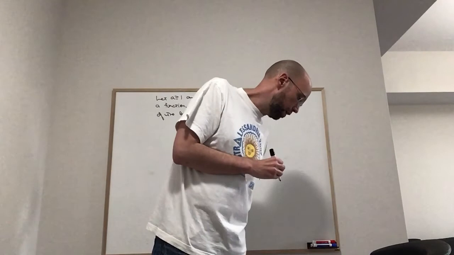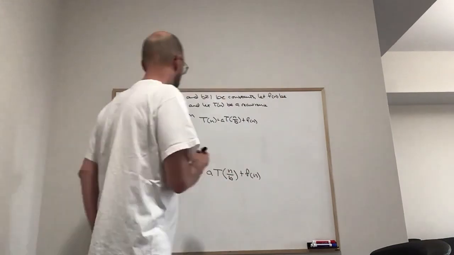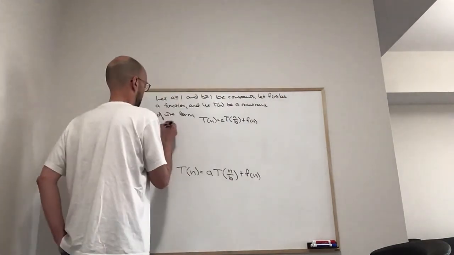We ignore the rounding of n over b; it could be floor or ceiling, we don't care.